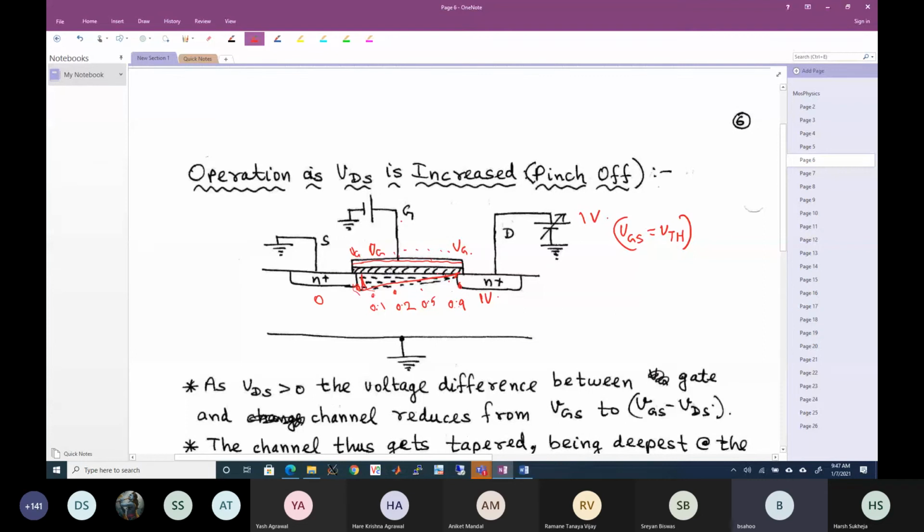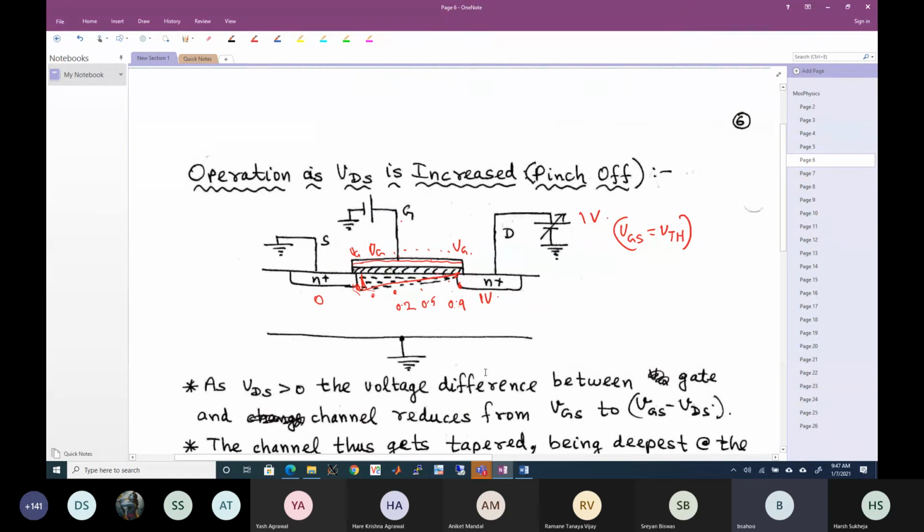So if VDS, the drain voltage, approaches VGS minus VTH, that means the overdrive voltage is 0 at that point. If that is 0, then there won't be any charge carriers right below the gate at that point. And that is when we say that the channel has been pinched off.